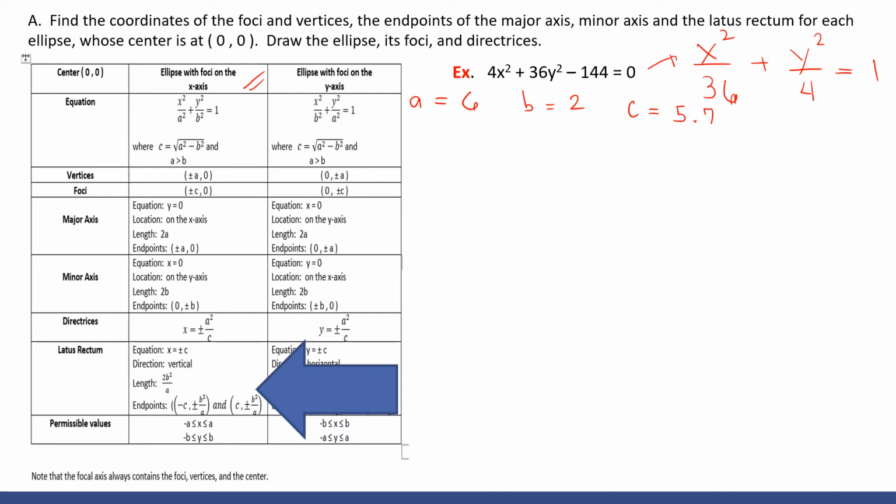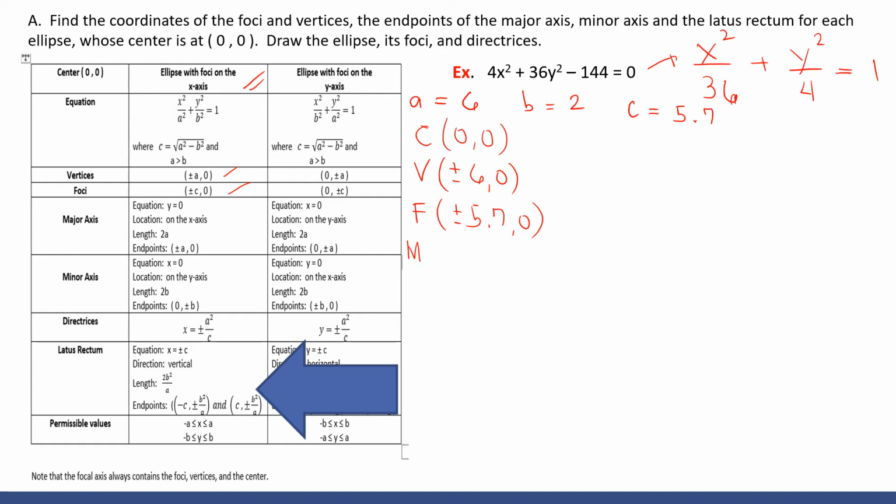Our center in this case, of course, is (0, 0), origin. And then, for the vertices, ang ating vertices ay plus minus a, 0. So, we have plus minus 6, 0. And then, foci, plus minus c, 0. So, we have here plus minus 5.7 and then 0.